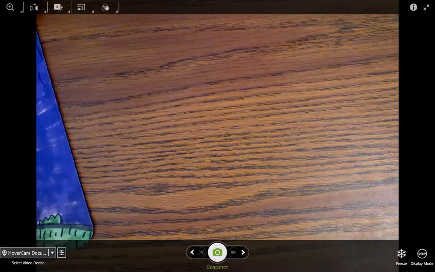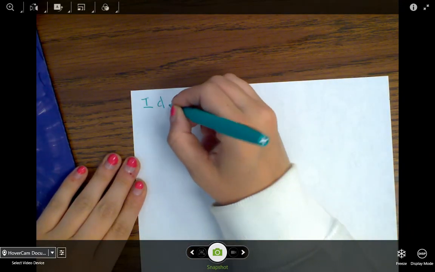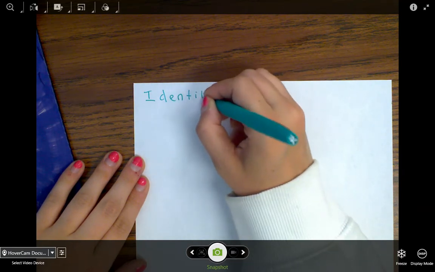All right, so next up, just like with any of our numbers, we have what's called an identity matrix. Now, an identity matrix is special because it has some nice properties.